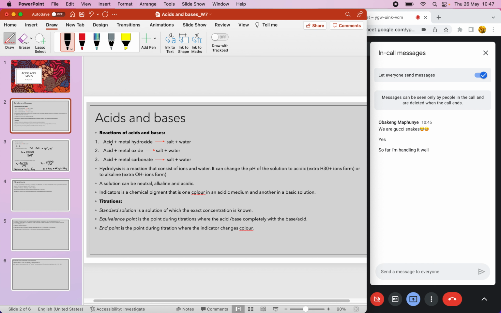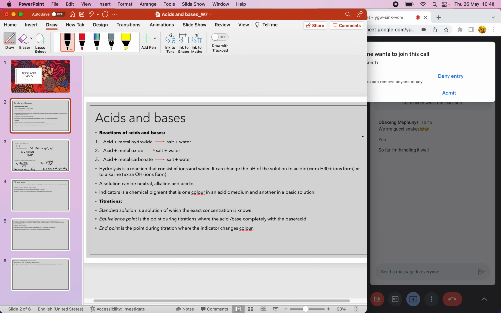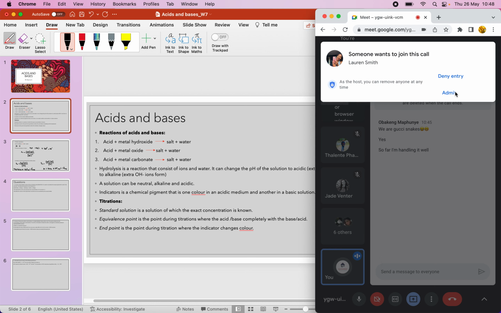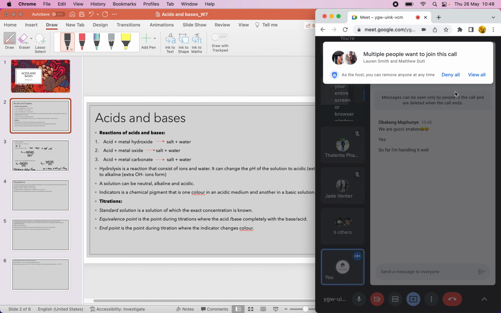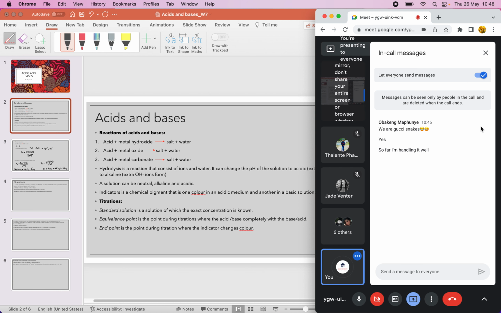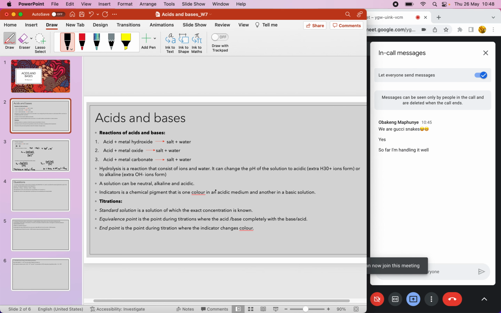So you can have your acid plus metal hydroxide to give salt plus water, and you can also have your acid plus metal carbonate, which will give you salt and water.